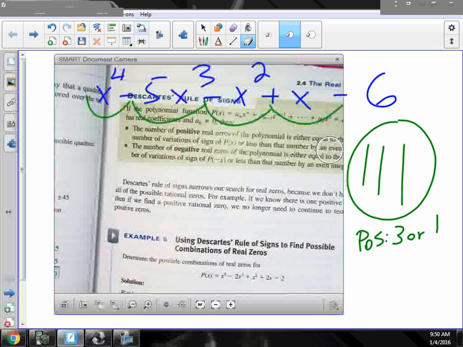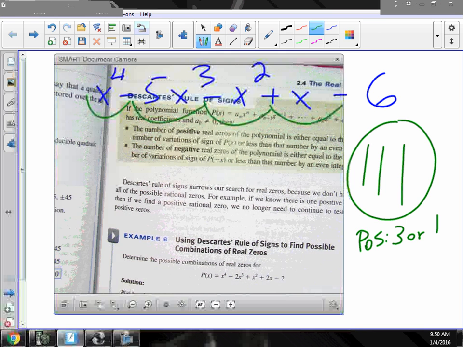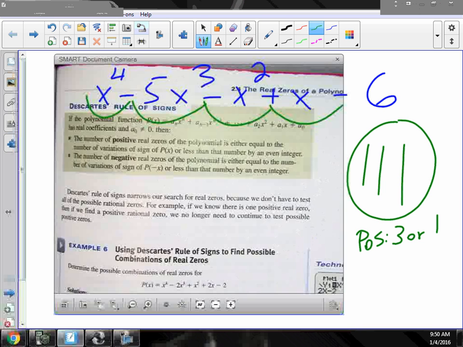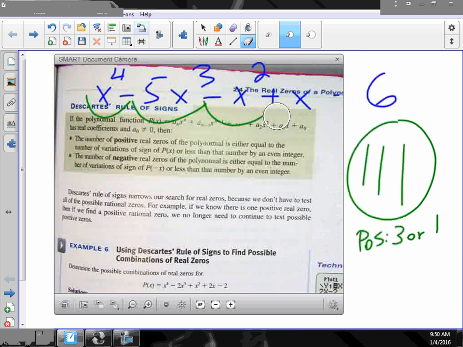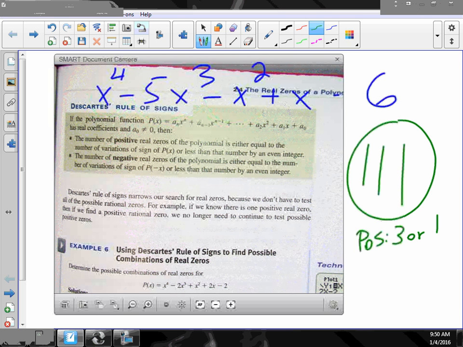And then the second half of this is equally easy. The number of negative real zeros of the polynomial is either equal to the number of variations of sign of p of negative x, or less than that by an even integer. Okay, so he said what you need to do is plug in negative x. If I plug in negative x here, is that going to change anything?